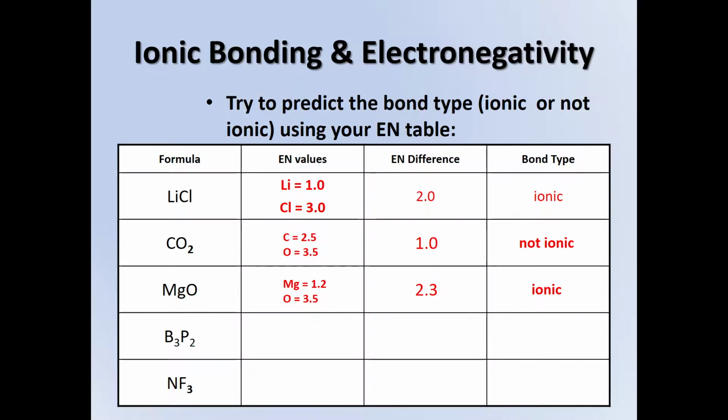It's when you get to things that are closer together that you have to stop yourself and go, is this ionic? For example, this one, triboron diphosphide. Is that ionic?